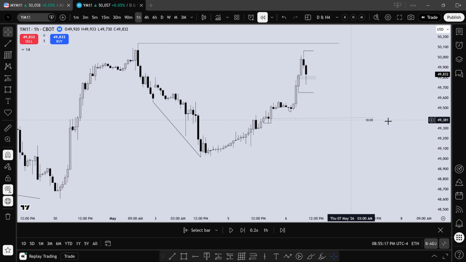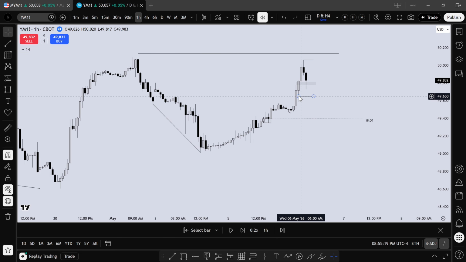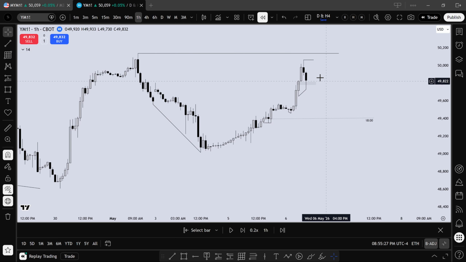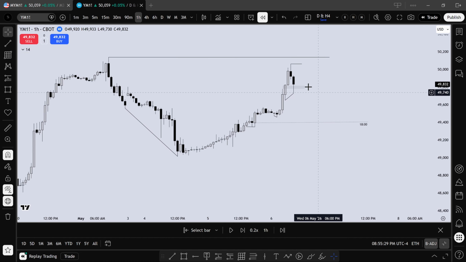I'm looking at the 1 hour time frame. This is the exact area I was looking for. I said we're going to expect the SMT to form here and then for the market to trade higher. And one thing I would like to mention here is every single time you get a new high, the first target you should have is this high, because that is the relevant high for this pullback.